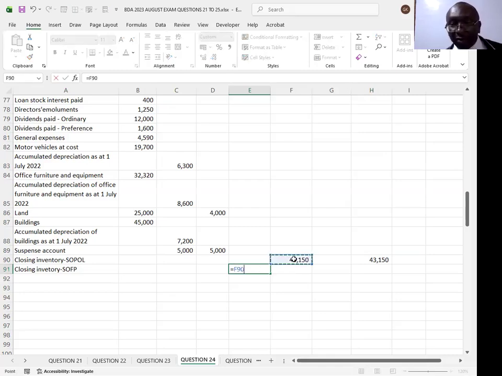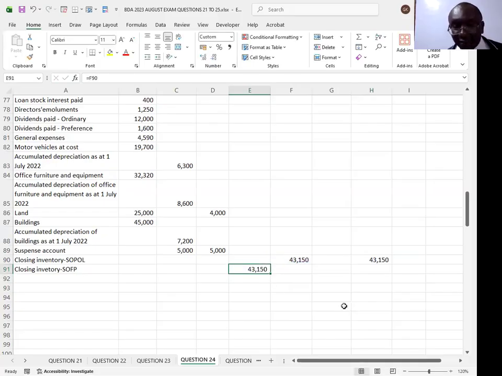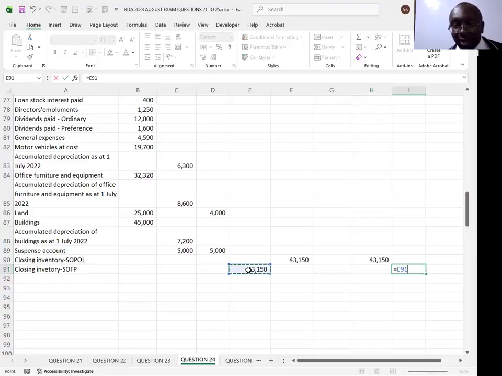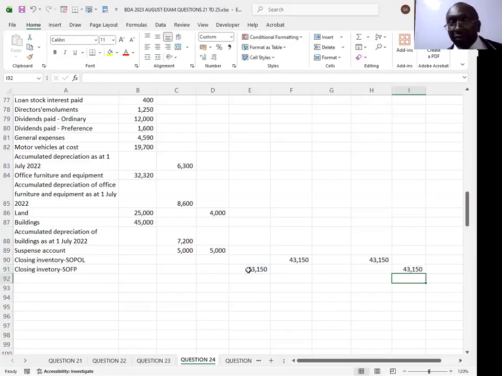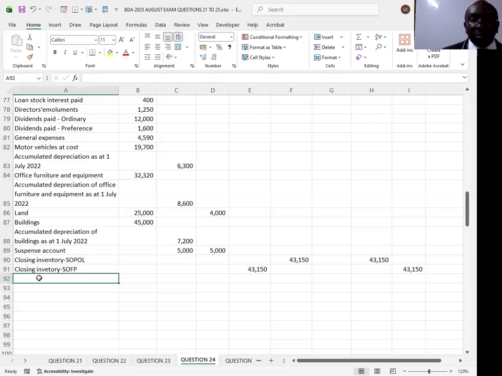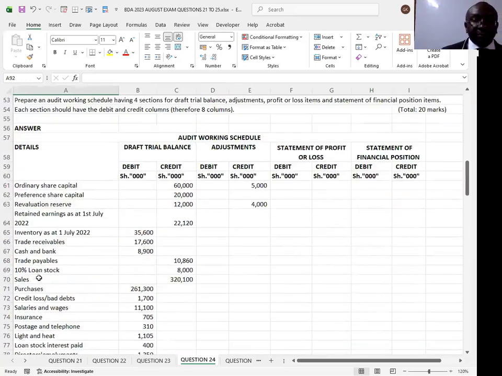So I click equals, then I click this. And then this one, nikibie nayo hapa, I debit the statement of financial position. So that one we are done.